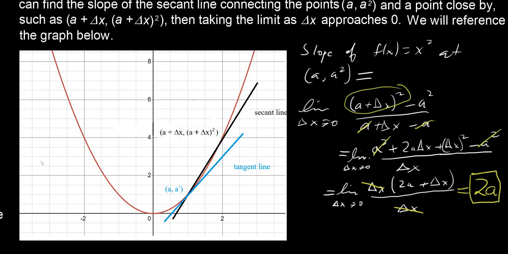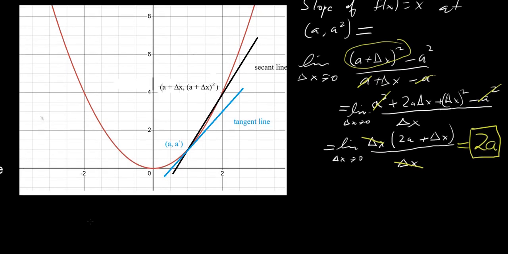So let's check to see if that works out for us. We found that the slope of f of x equaling x squared at the point 1 comma 1, remember, we found that that was 2, right?